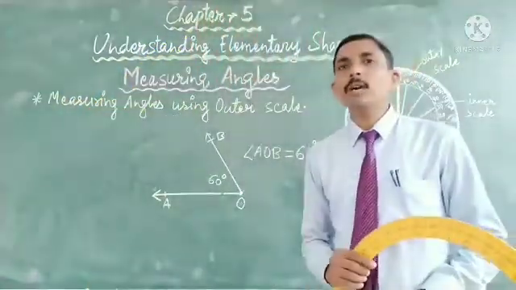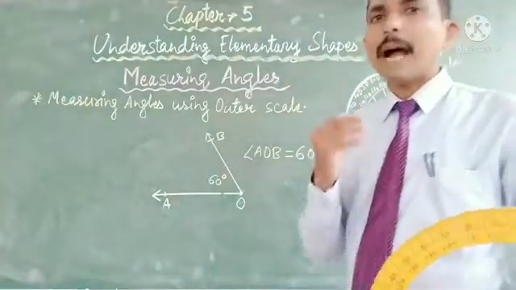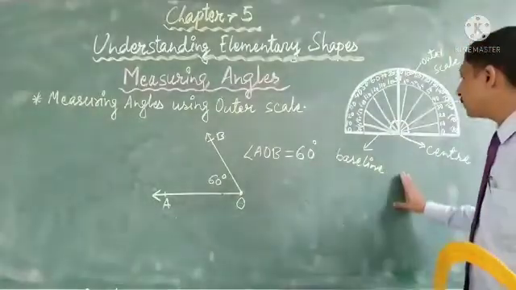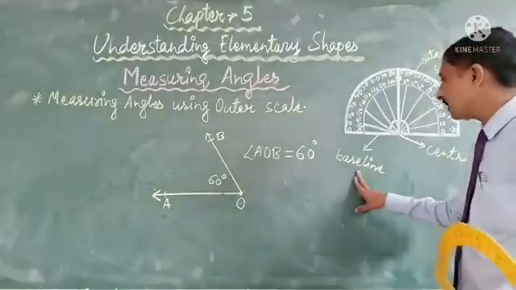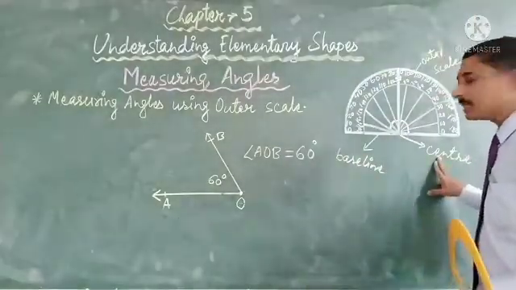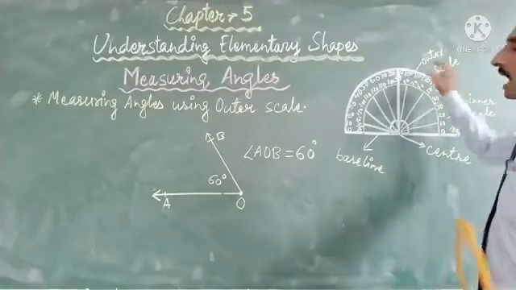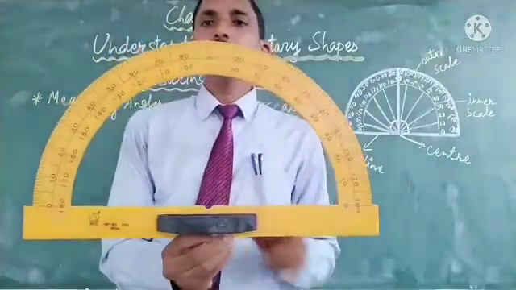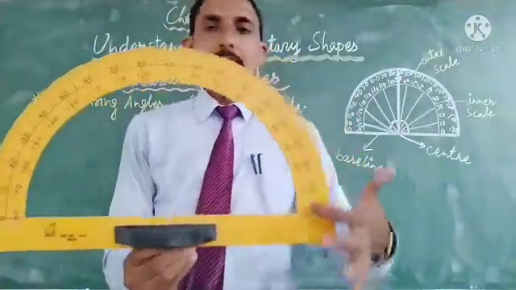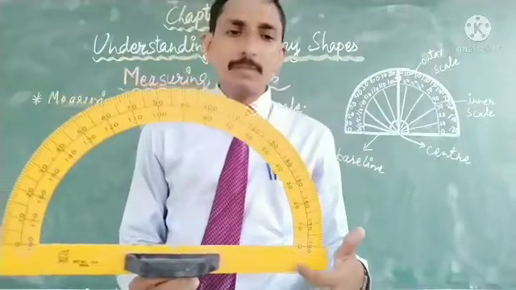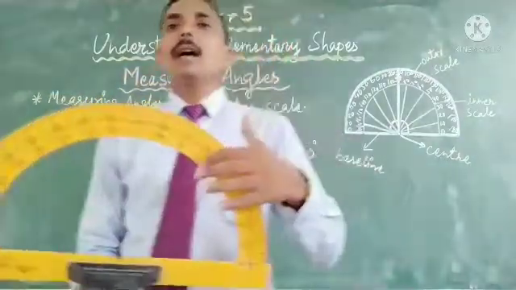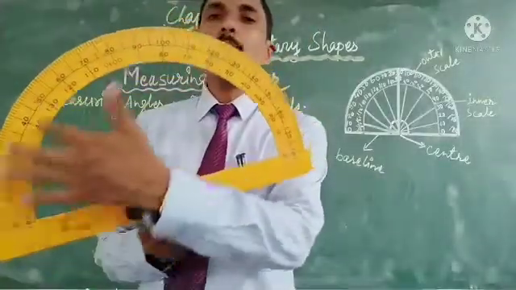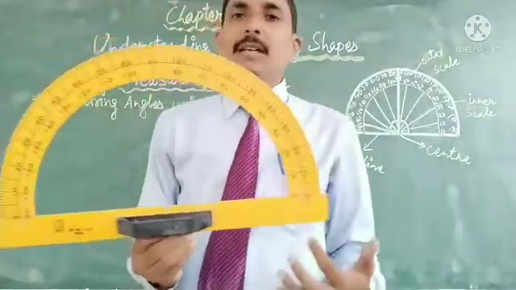Now what we have to learn? We have to learn the parts of a protractor. In a protractor we have 4 parts: the baseline, the center, the inner scale and the outer scale. You see, this is the center, this is the baseline, the inner scale goes from right to left, and the outer scale goes from left to right.